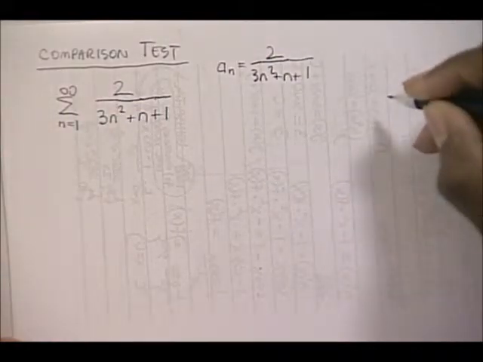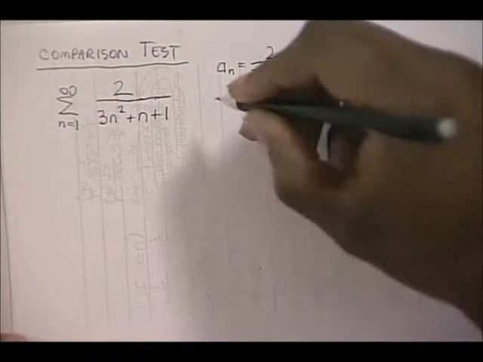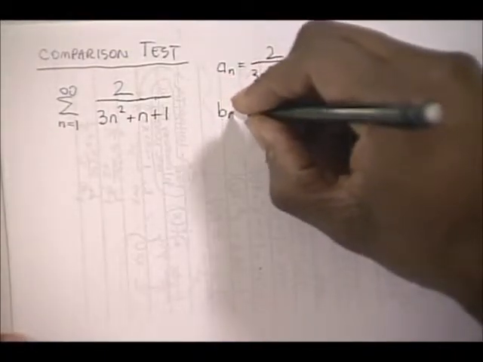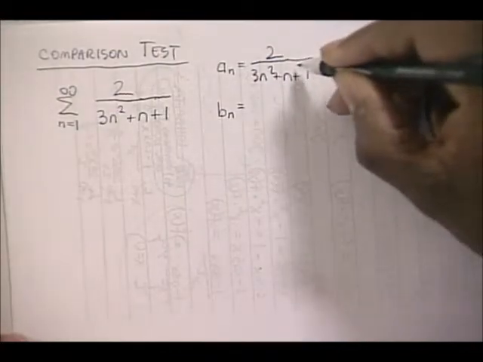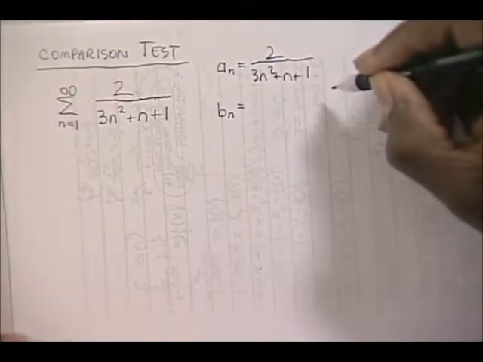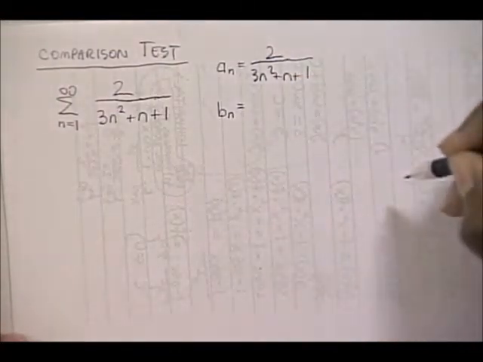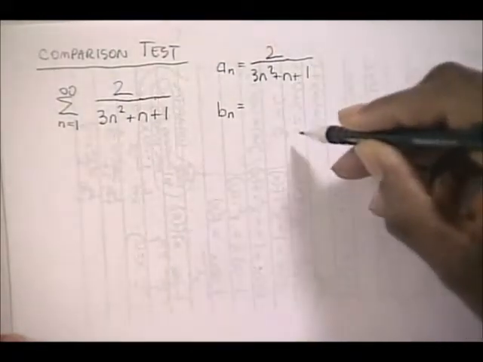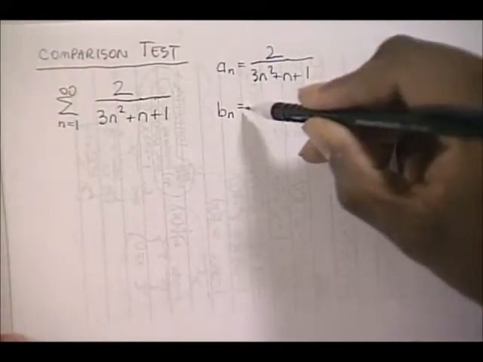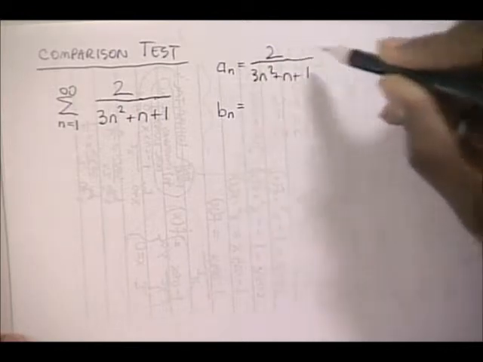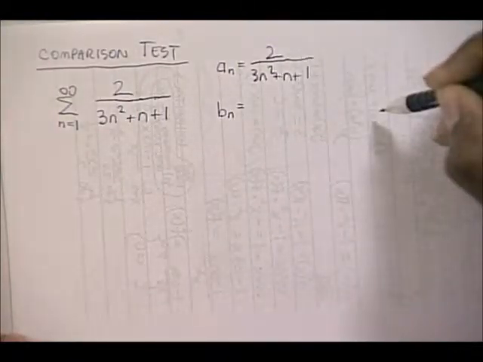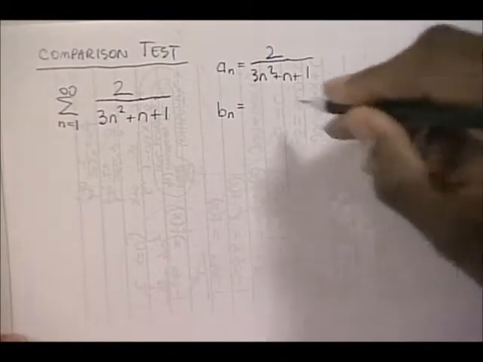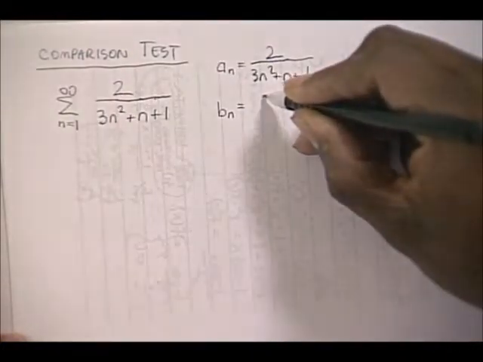And then we'll call B sub n a function that is similar to A sub n, but we'll know a lot about it. I'll call B sub n something very similar to A sub n, but I'll know more about B sub n than I will A sub n.